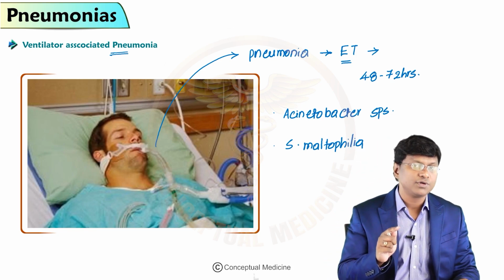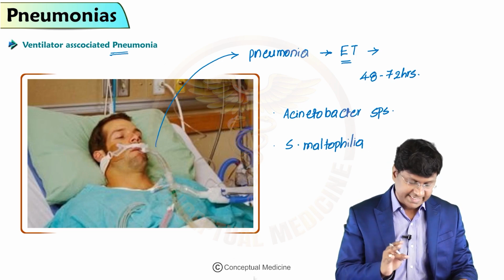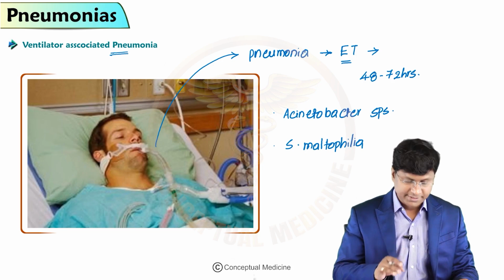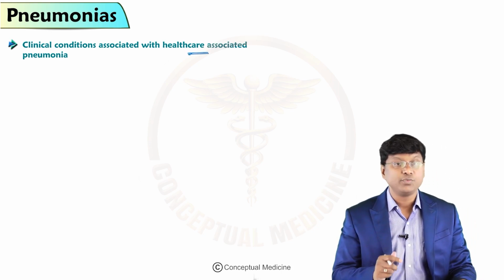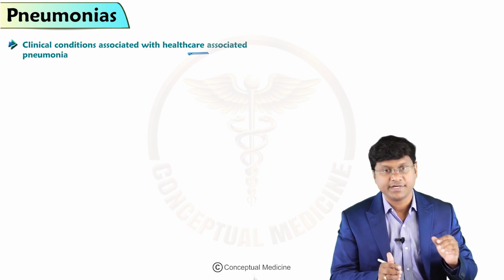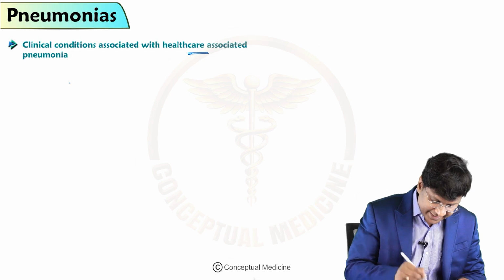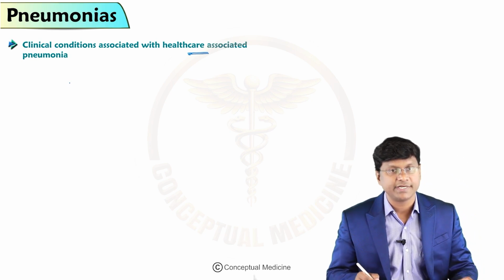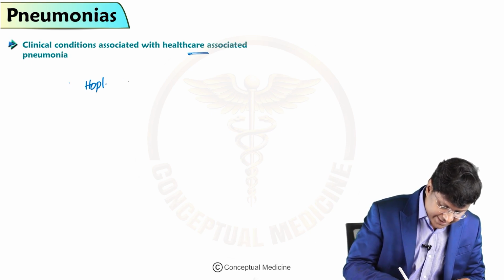Now, we have one more type of nosocomial pneumonia. One is hospital-acquired pneumonia, the second is ventilator-associated pneumonia, then we have the clinical conditions associated with healthcare-associated pneumonia. What should be the criteria to call it healthcare-associated pneumonia? Number 1, the individual should have been hospitalized for more than 48 hours.